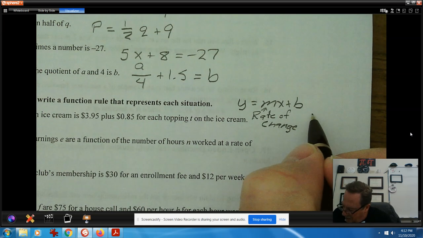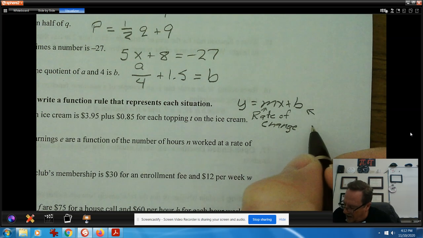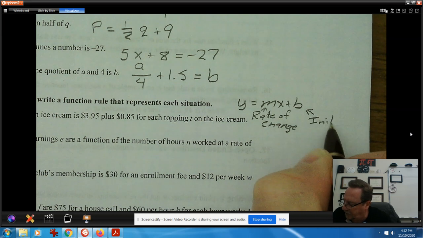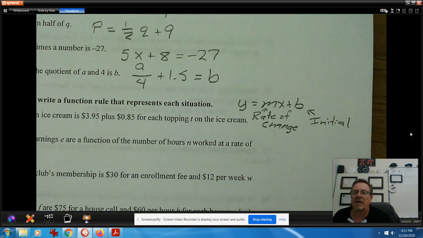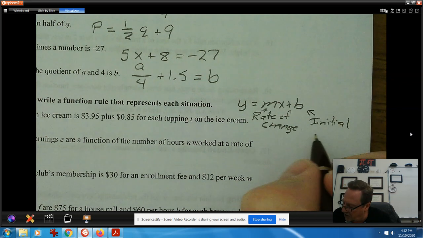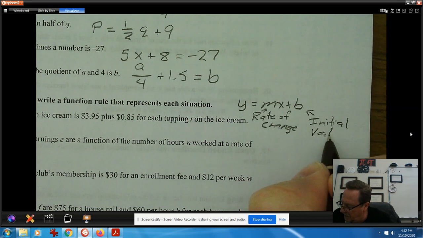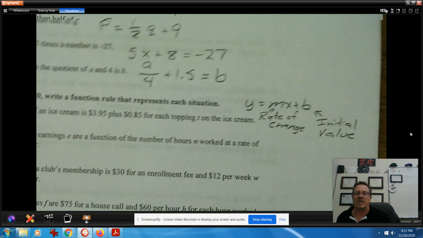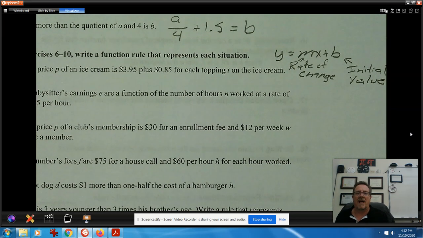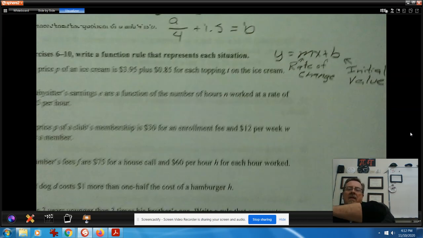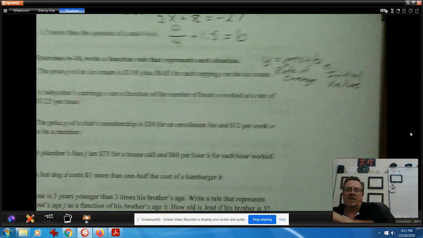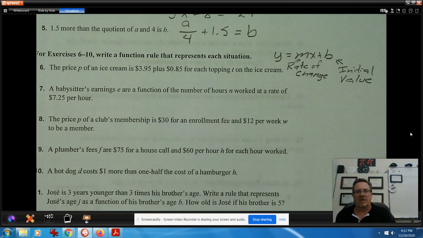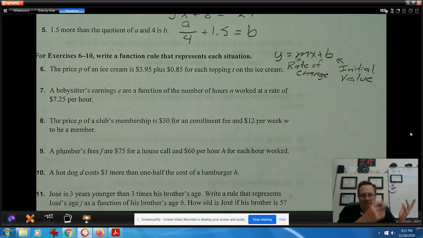And b, which we all know is the y-intercept, in this case, we're going to call it the initial value. Initial means where we start from. So that's our initial value. So like if someone was going to charge us money for a particular task, they might say, hey, I'll do it for this much plus another amount per unit that they're helping us with.